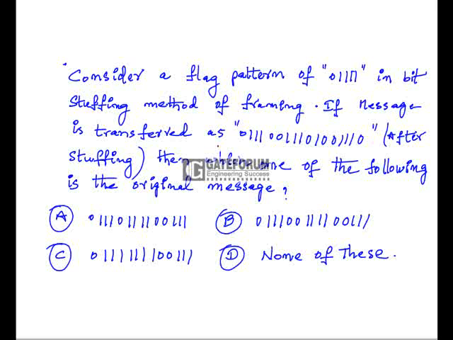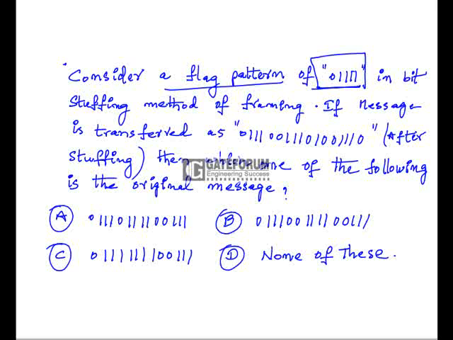Normally, in the bit stuffing method, we have a flag pattern at the starting and ending in order to know the frame boundaries. If any occurrence in the data is equivalent to the flag pattern, that is 0, 1, 1, 1, 1, we stuff a bit 0 before transferring that message.